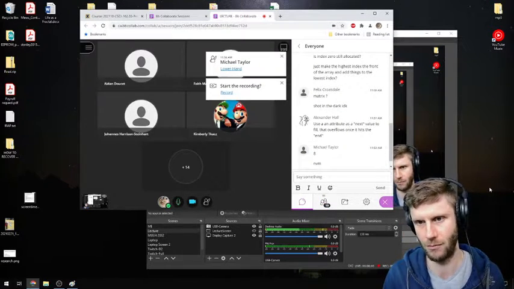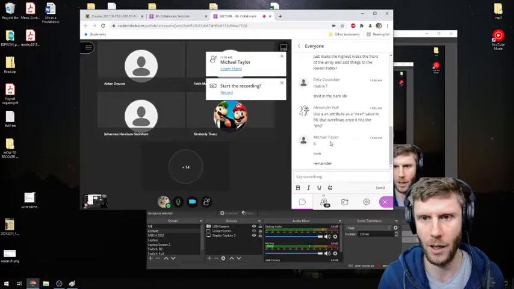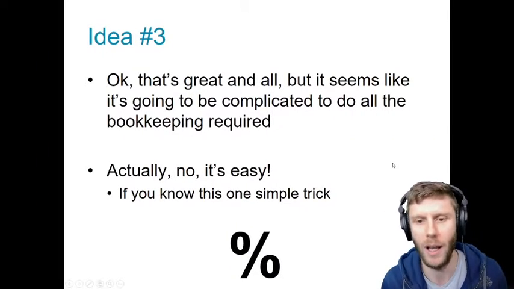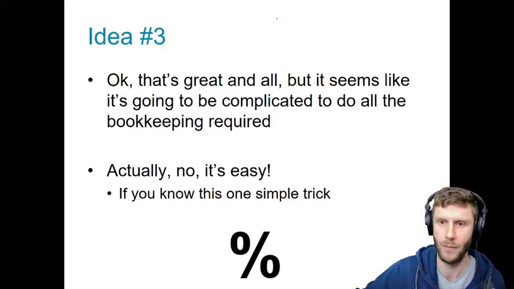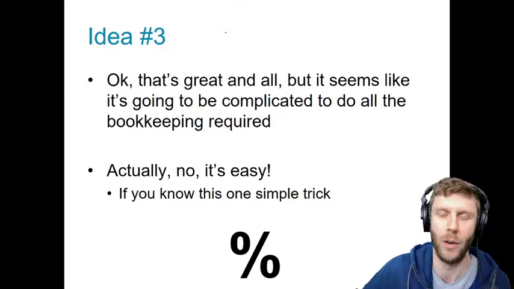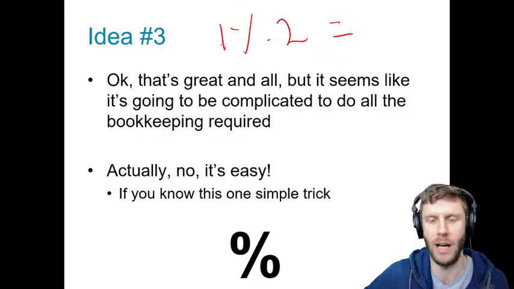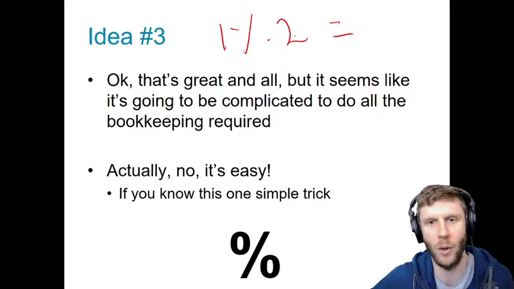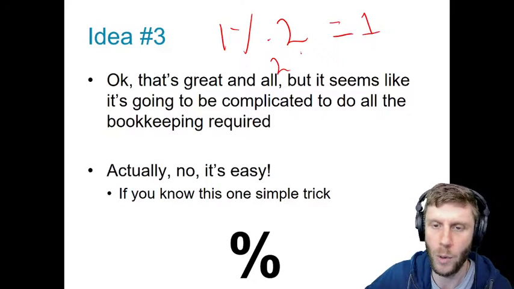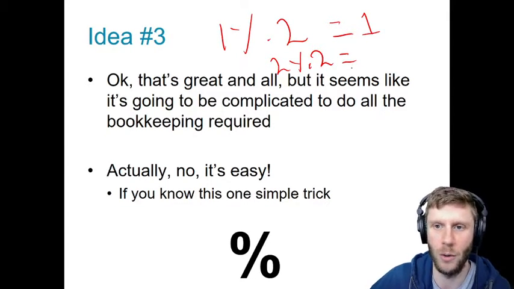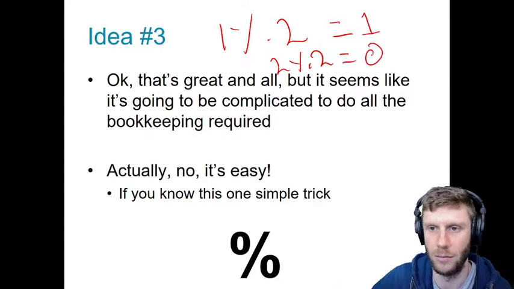If I said 1 mod 2, how many times does 1 go into 2? 0. What's left over? 1. What's 2 mod 2? How many times does 2 go into 2? Once. What's the remainder? 0.